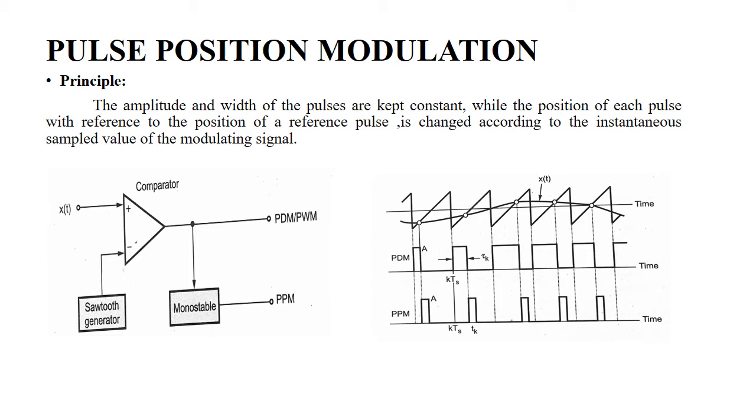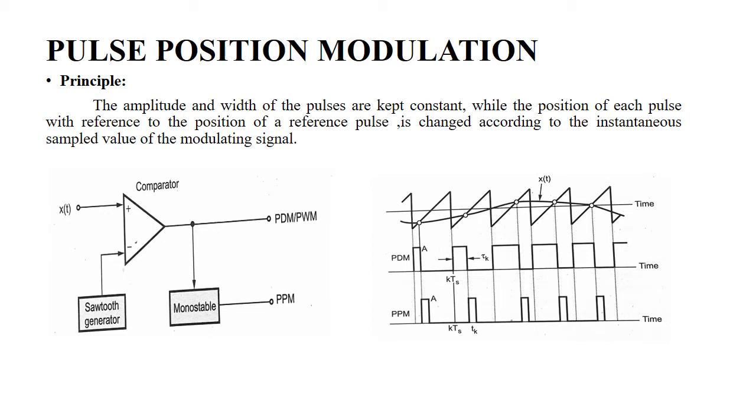If the sawtooth waveform is replaced by a triangular waveform, then both the leading and the trailing edges will be modulated. The pulse duration modulation or pulse width modulation signal is nothing but the output of the comparator. Its amplitude will be the positive saturation of the comparator, and the amplitude is the same for all the pulses.